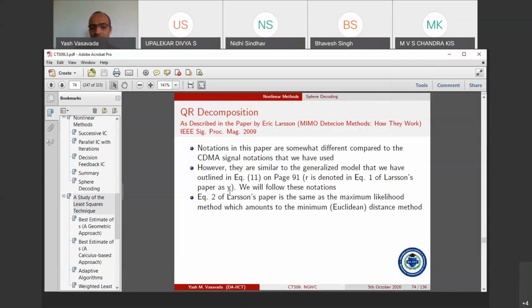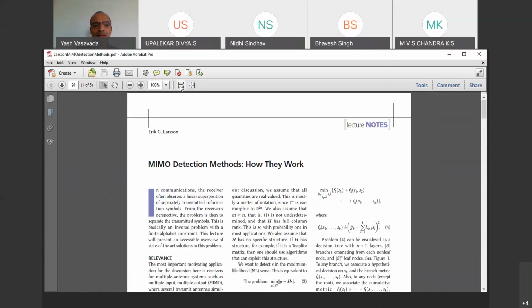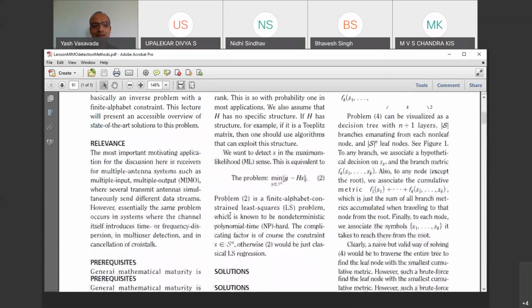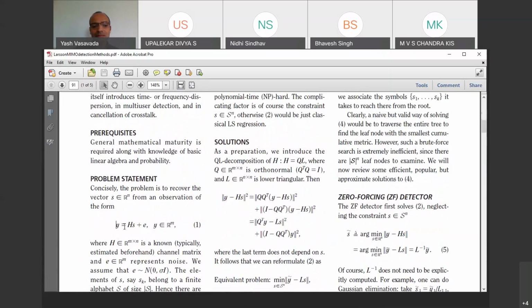Okay, fine. So we are now going to look at this paper by Larsson that talks about the sphere decoding method. And by the way, the problem statement is exactly the same as our generalized model: y equals H times s plus e. There are some notation differences that I have tried to mention here, somewhat different, but not very different.